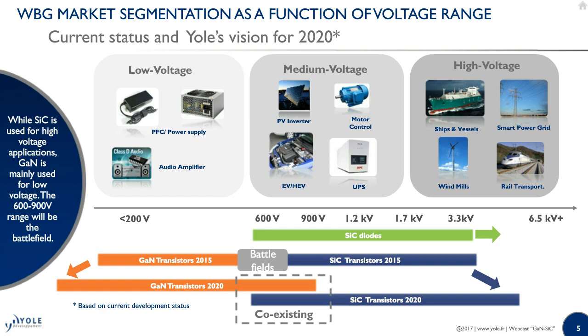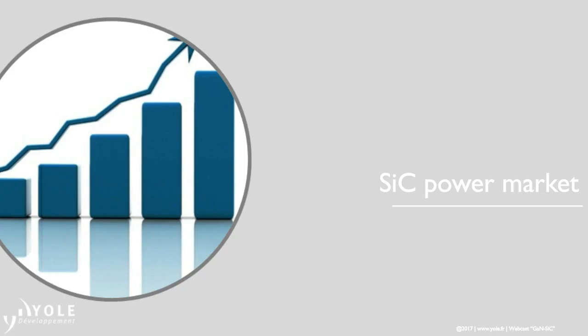I think in the coming years there will be a coexistence in the 600 volt and 900 volt range for silicon carbide and gallium nitride. So in the following, I will talk separately about the silicon carbide and gallium nitride markets. And let's begin with silicon carbide.